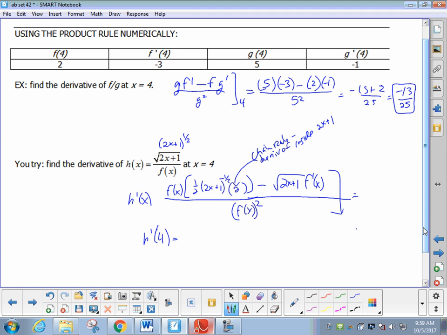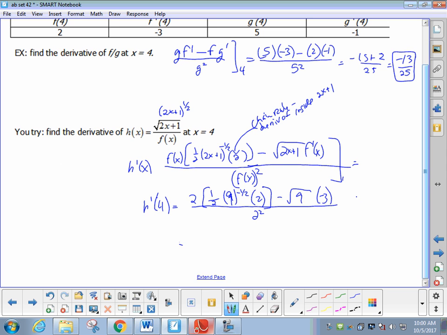Okay, so after 4, let's see, does this clean up much?